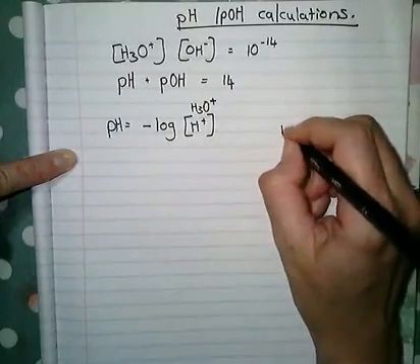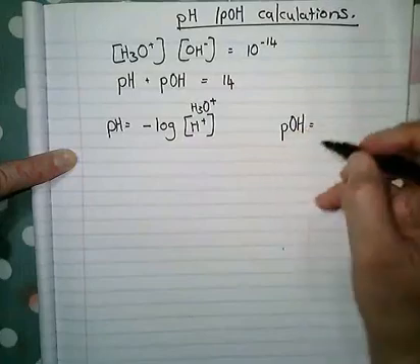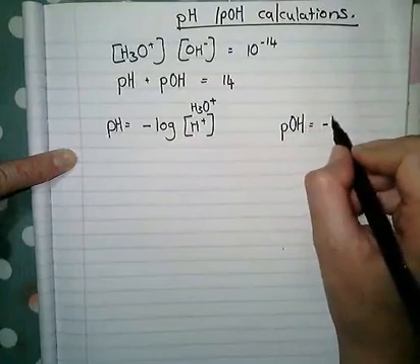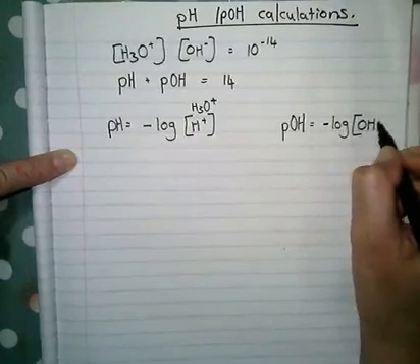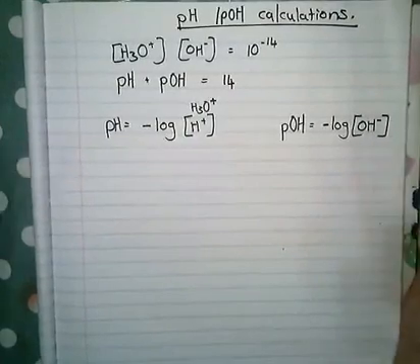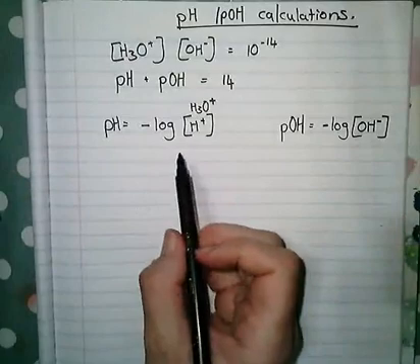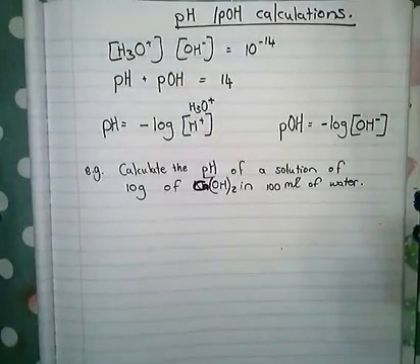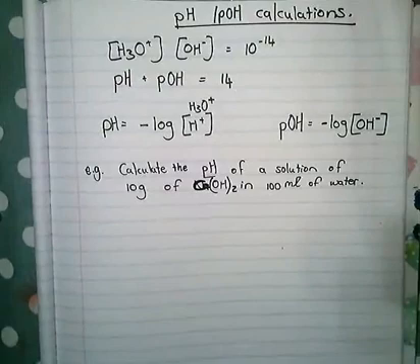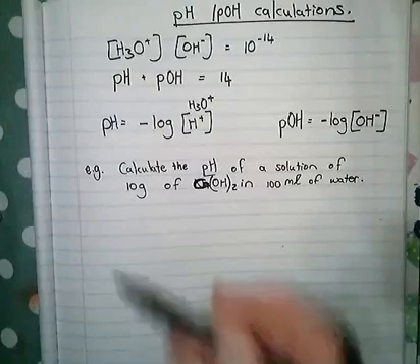Right. So now let's say, for example, we have this question where we have to calculate the pH of a solution of 10 grams of calcium hydroxide in 100 milliliters of water. So we first are going to have to calculate what is the concentration of this solution, right? So concentration is mass over molar mass times volume. C is equal to m over MV. The mass is 10 grams.